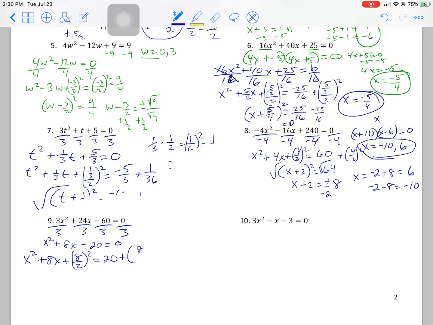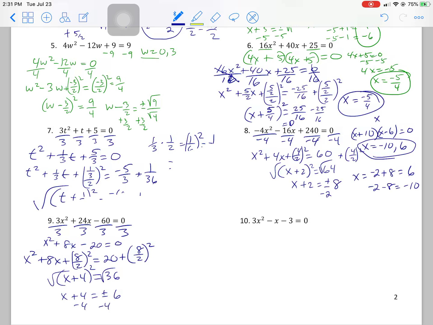8 over 2 squared. All right, this is going to be x plus 4 squared is, let's see, 4 squared is 16, so this is going to be 36. Square root both sides, you're going to get x plus 4 equals plus or minus 6, right? And, oh my goodness, an easy one.